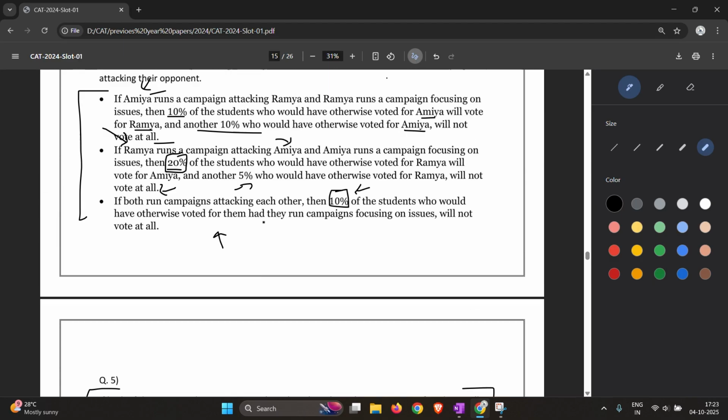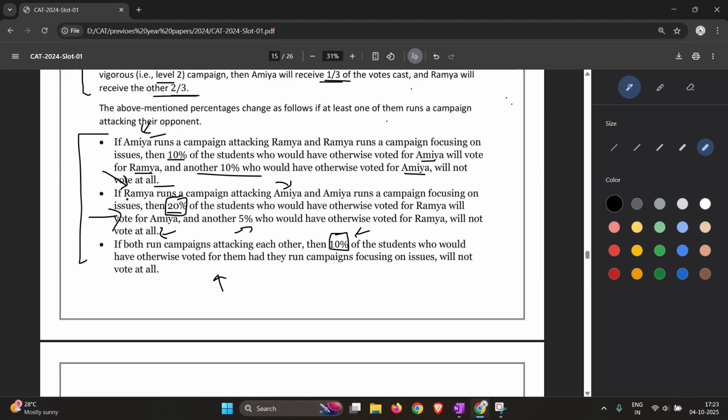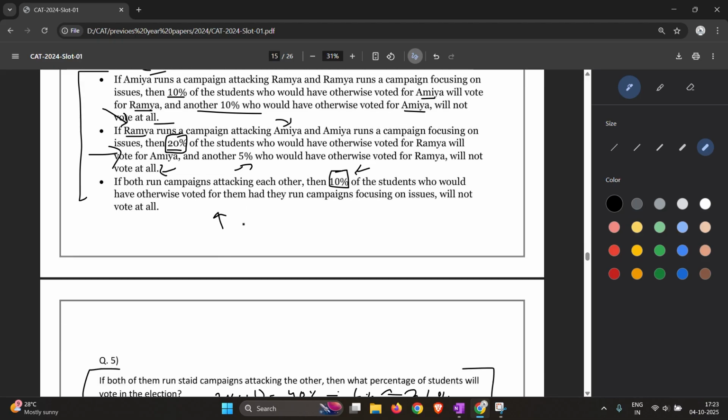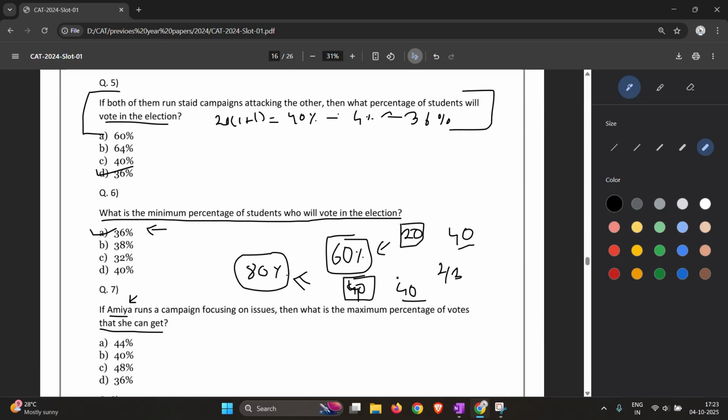Because now, if we take this condition where Ramya was running a campaign attacking Amya, 20% of her voters will go to Amya. So that is why, if there are more voters overall over here, Amya would also get a lot more votes, right?